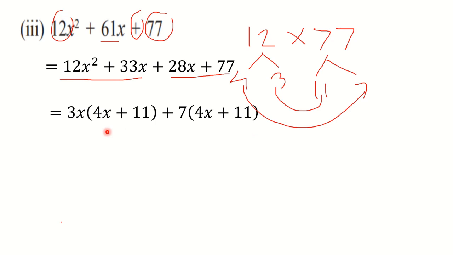Then in the next step you will observe that 4x plus 11 is common. So write that as one bracket, and the remaining terms, that is 3x plus 7, you will write as the second bracket. In this way, you are going to get the factors. Okay, so copy it down. Only you have to follow the instructions properly.